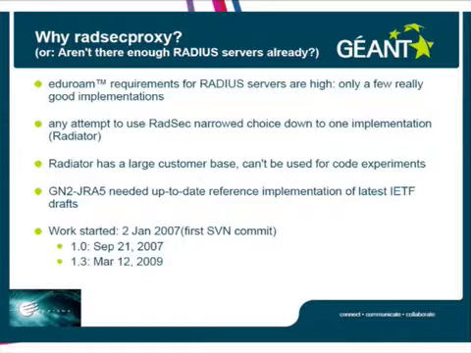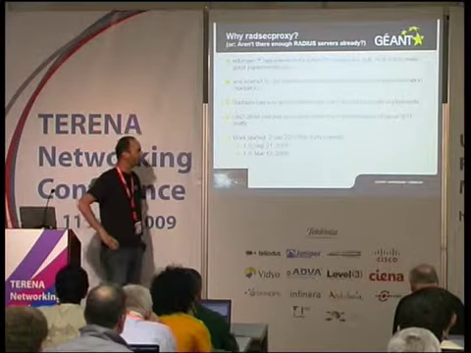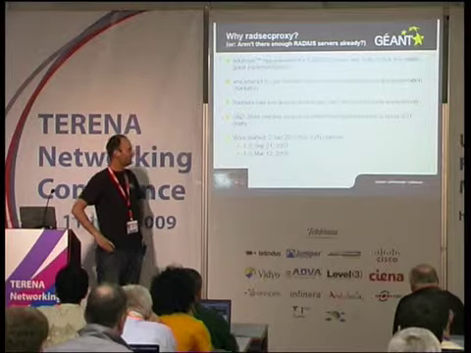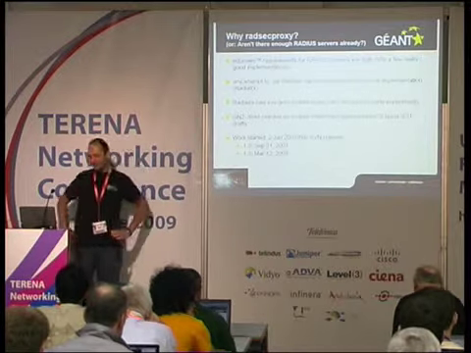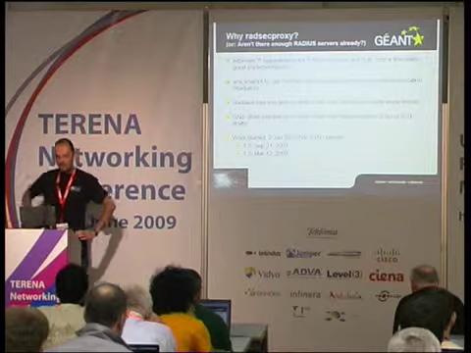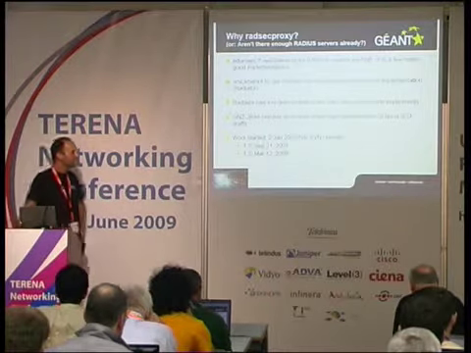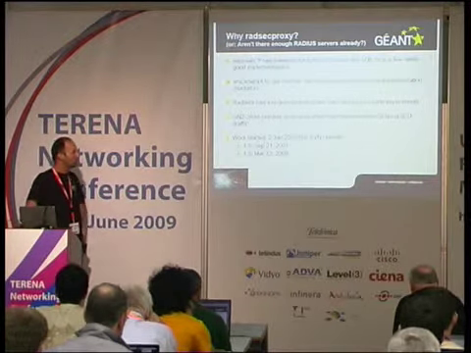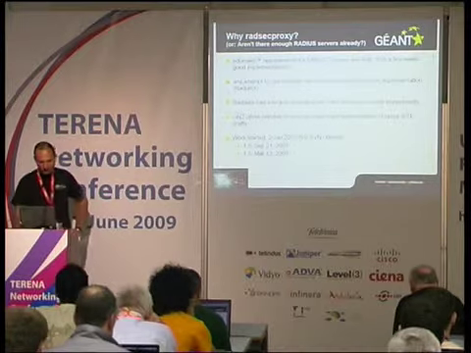Now, to give you a time scale about this, I was surprised myself a bit. This has been going on for longer than I thought. I discovered the first subversion commit of actual code of RADSEC proxy was in January 2007, with the latest version being released in March 2009. So this has been going on for almost 2 years now.